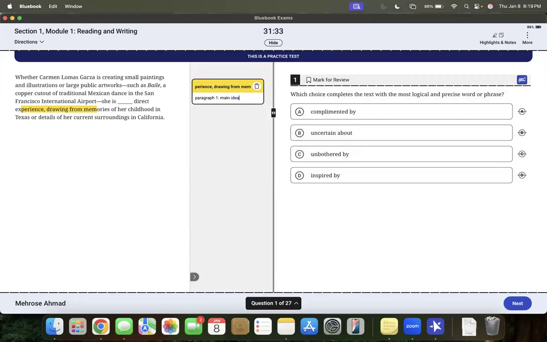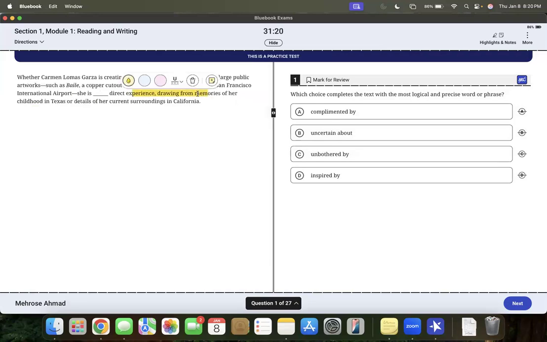So what is the main idea? Paragraph 2, main idea. Paragraph 3, main idea. Again, just do quick annotations just to get a sense of what the passage is talking about. That will help guide your train of thought.